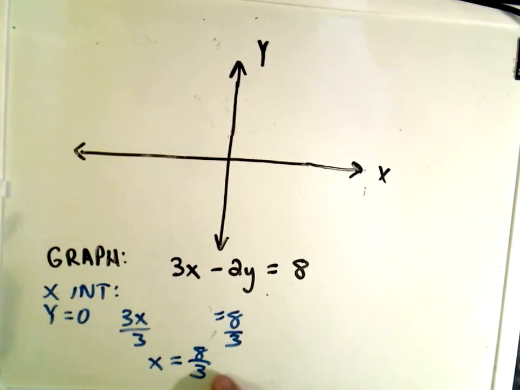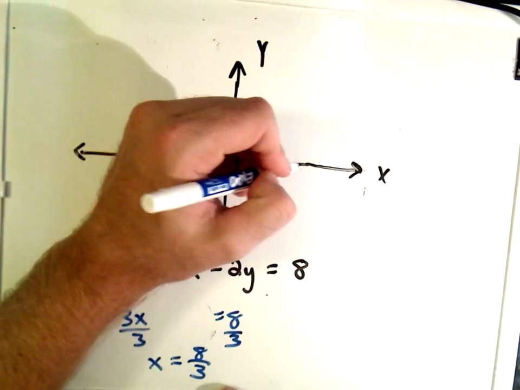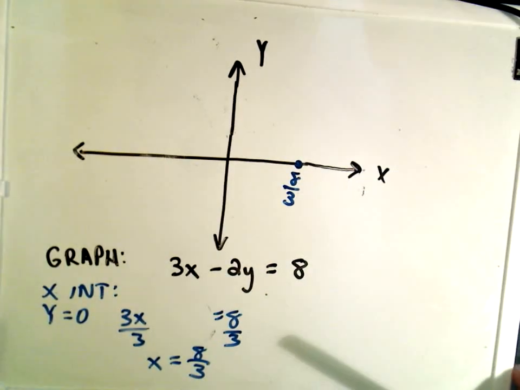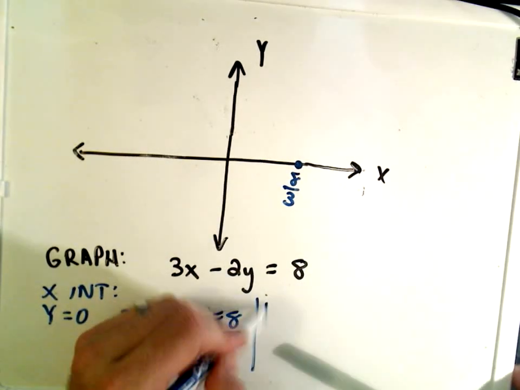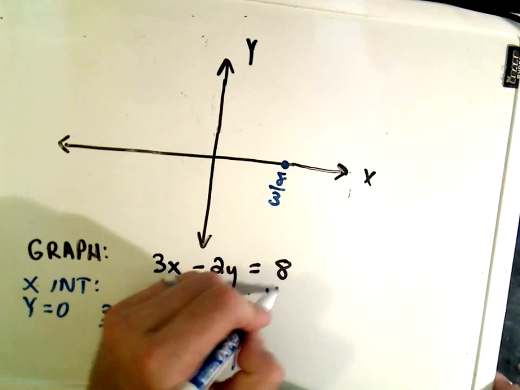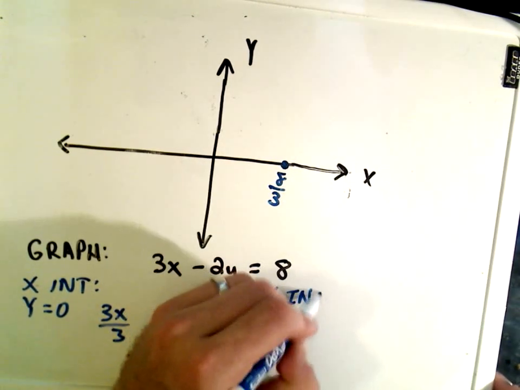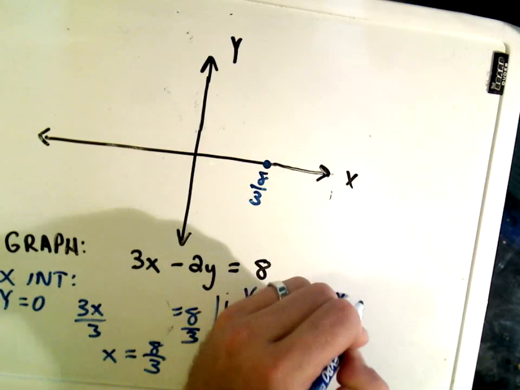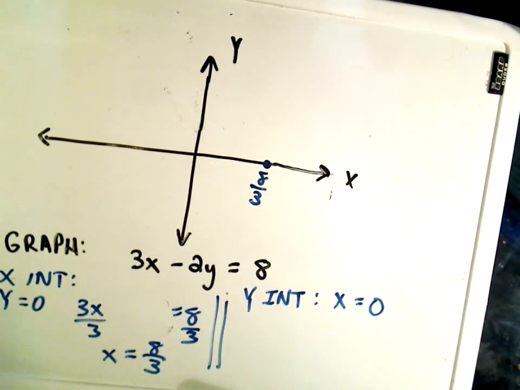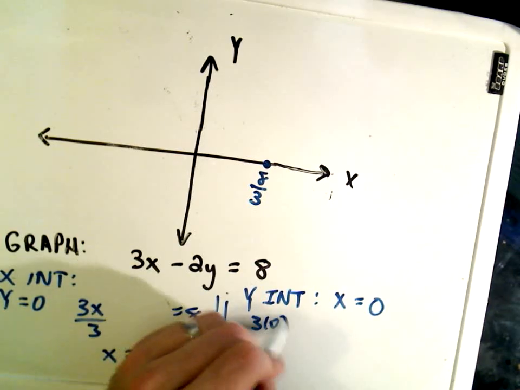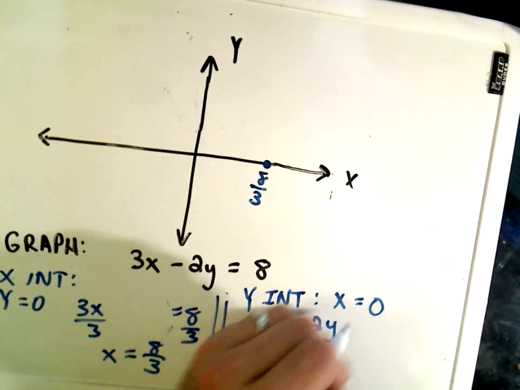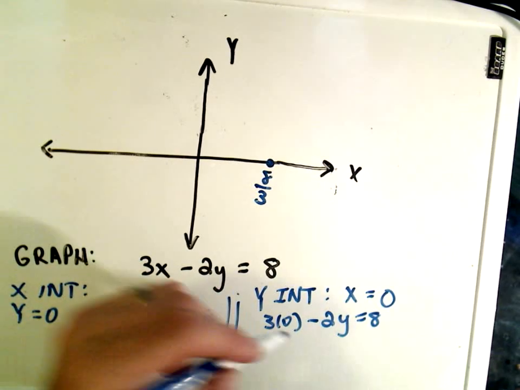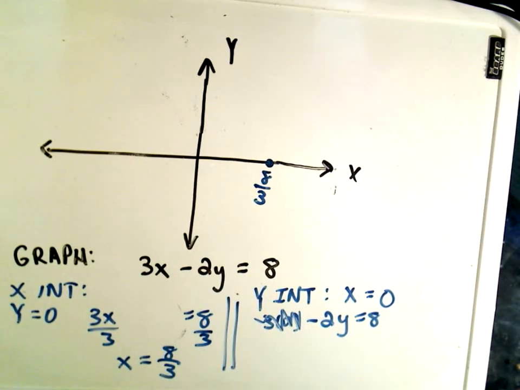8 thirds is 2 and 2/3, but I usually just leave my numbers as fractions rather than mixed numbers. Likewise, to find the y-intercept, we do a very analogous thing and substitute in x equals 0. We get 3 times 0 minus 2y equals 8. 3 times 0 is 0, so that part's gone.